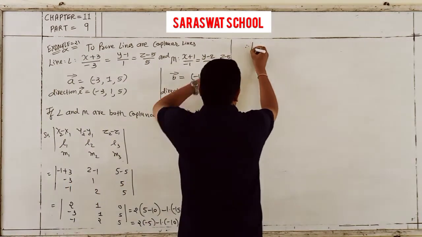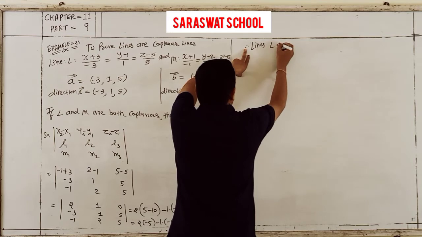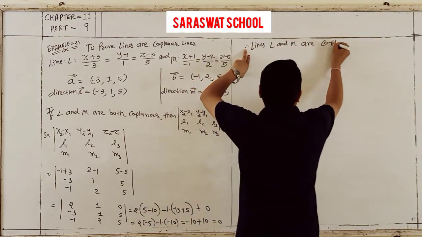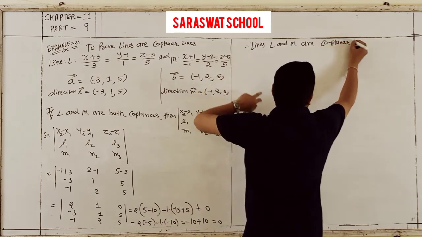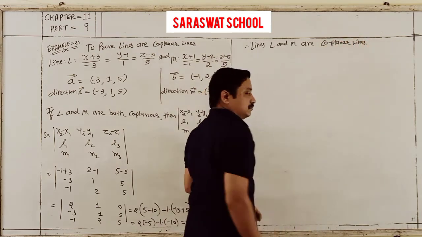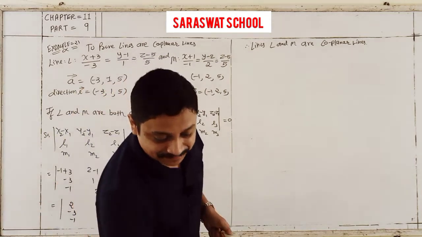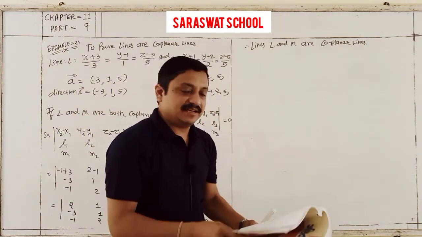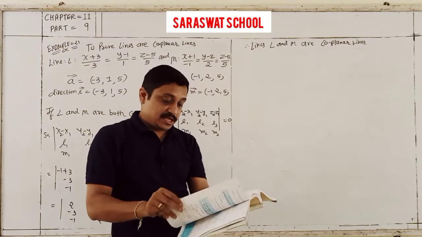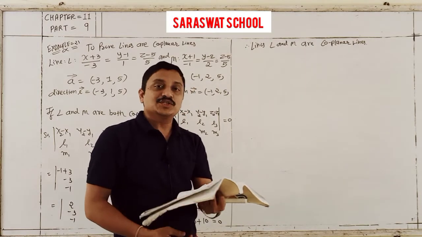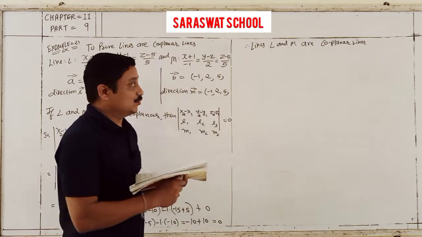So lines L and M are coplanar lines. It means they determine a unique plane. Yes students, after example 21, examples 22 and 23 are a cancelled part. So now I will go to example 24.